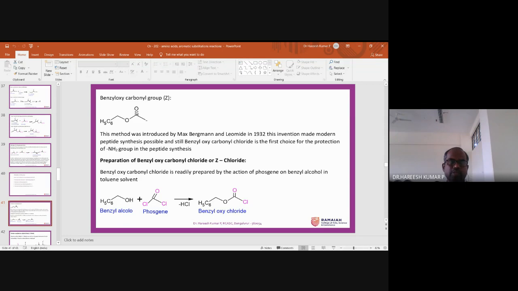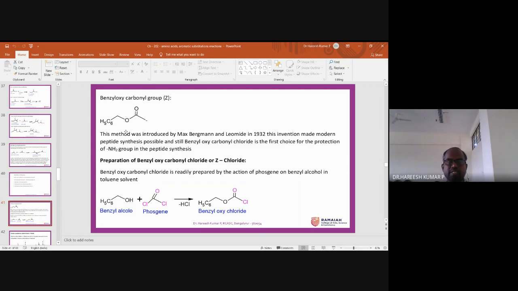So this group is called the Z group. This method was introduced by Max Bergmann and Leonidas Zervas in 1932. This invention made modern peptide synthesis possible, and still benzyl oxycarbonyl chloride is the first choice for protection of the amino group in peptide synthesis.